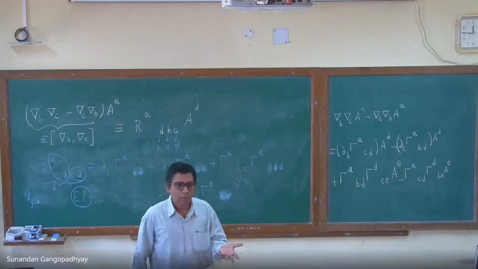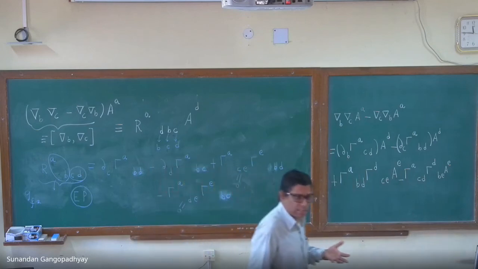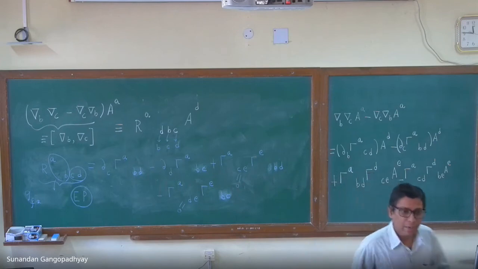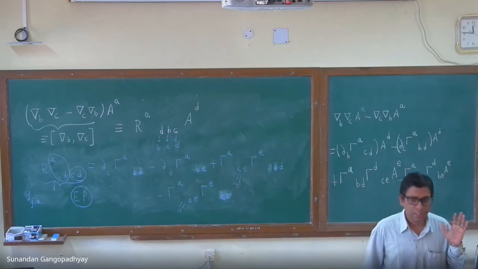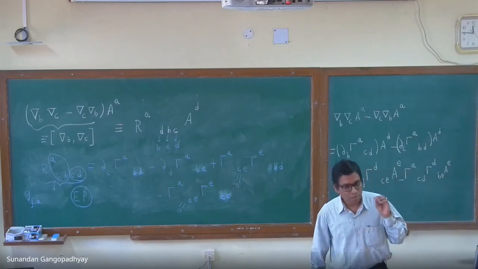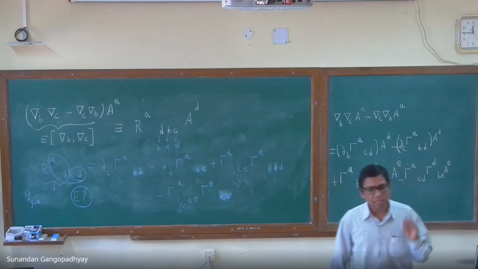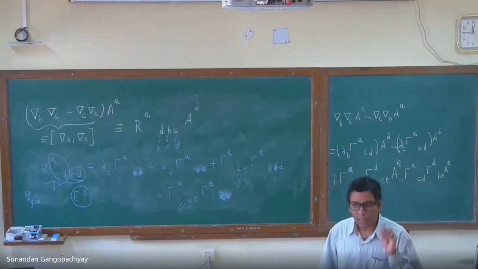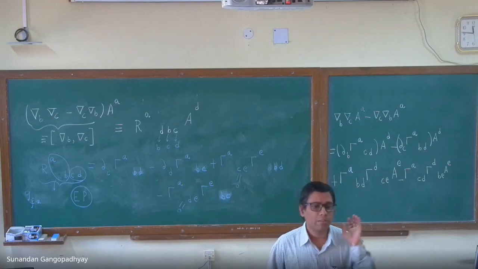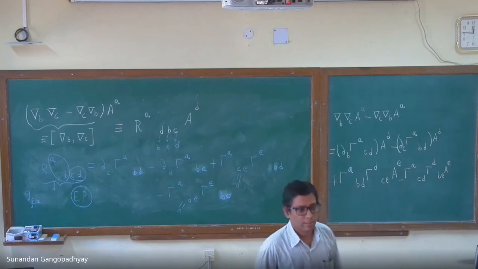What are these normal coordinates? In this normal coordinate system, all covariant derivatives become partial derivatives. That is the first thing. And all geodesics become locally linear functions of the affine parameter, only at that point.